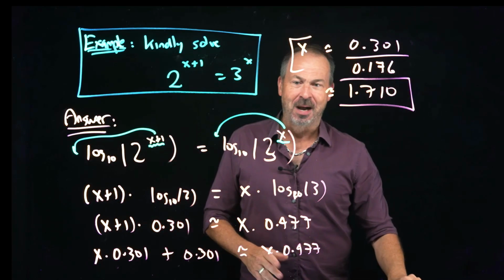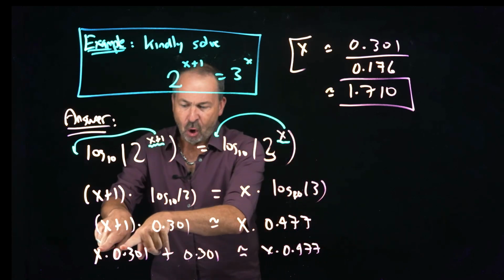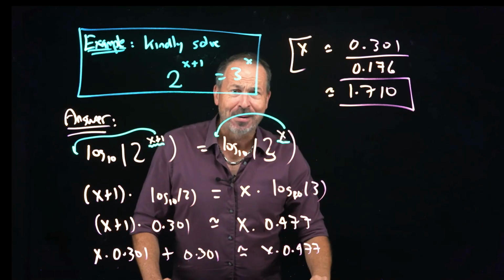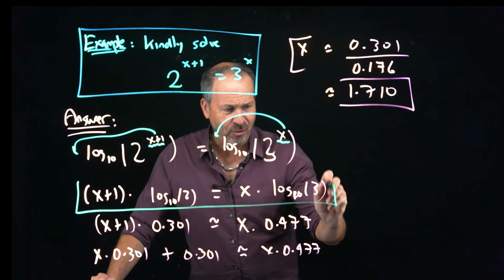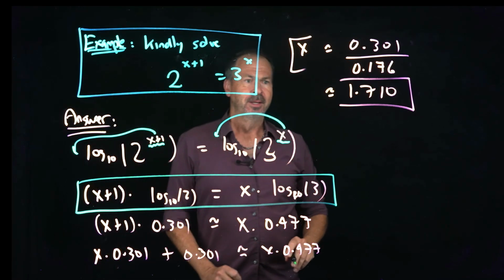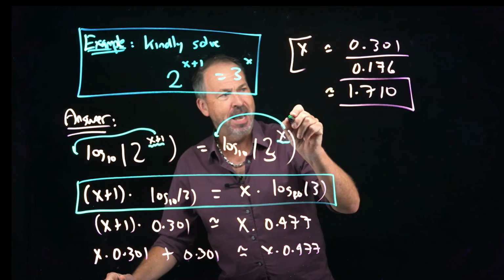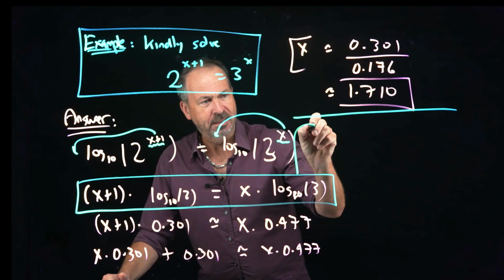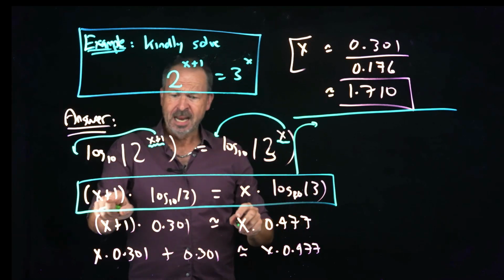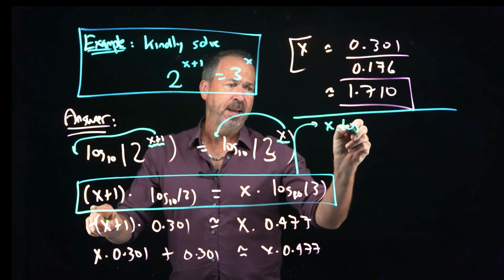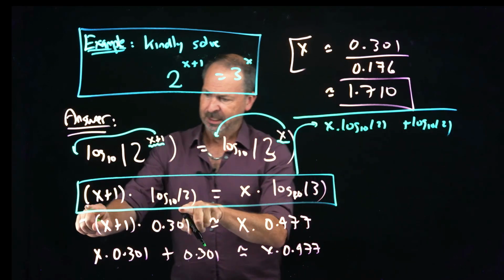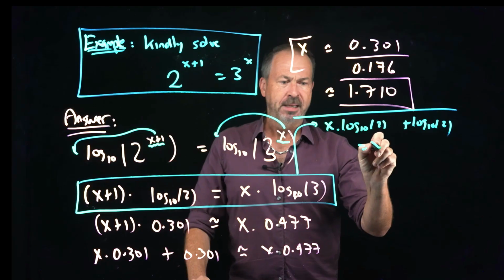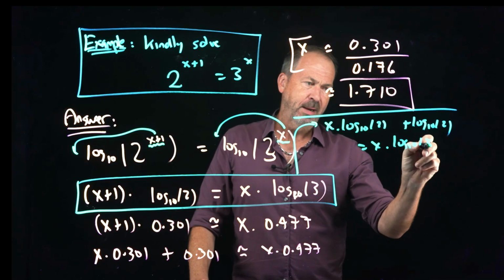Some people might advise, James, don't work out the decimals until the very, very end. Stick with the more abstract expressions right from the get-go. So if I do that, okay, bad board technique, imagine I went this route instead. I can now see that x times log base 10 of 2 plus log base 10 of 2, expanding this one out, is meant to equal x times log base 10 of 3.